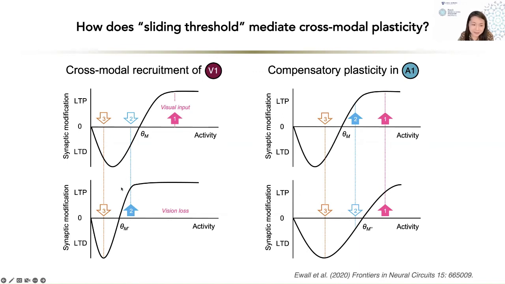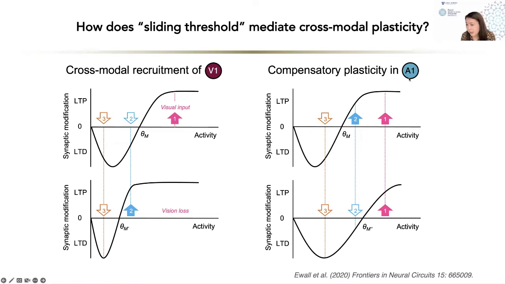We believe this is what we're seeing in the intracortical inputs. Before it was weak, but after vision loss, these are potentiated such that they can now bring in multisensory information to B1.